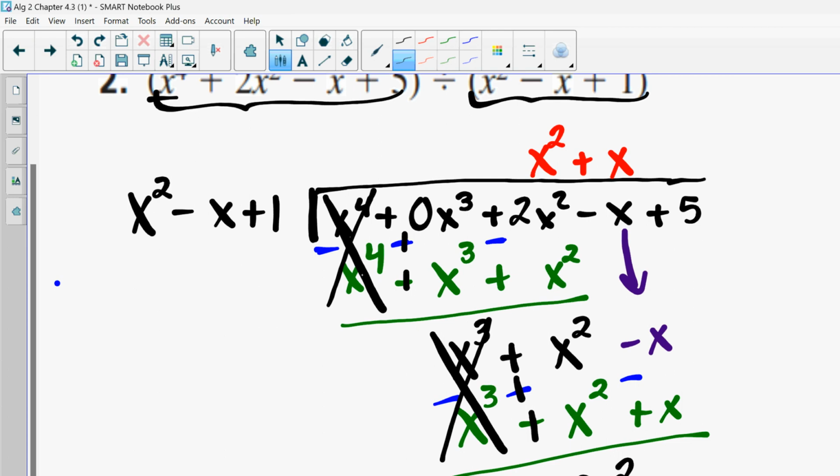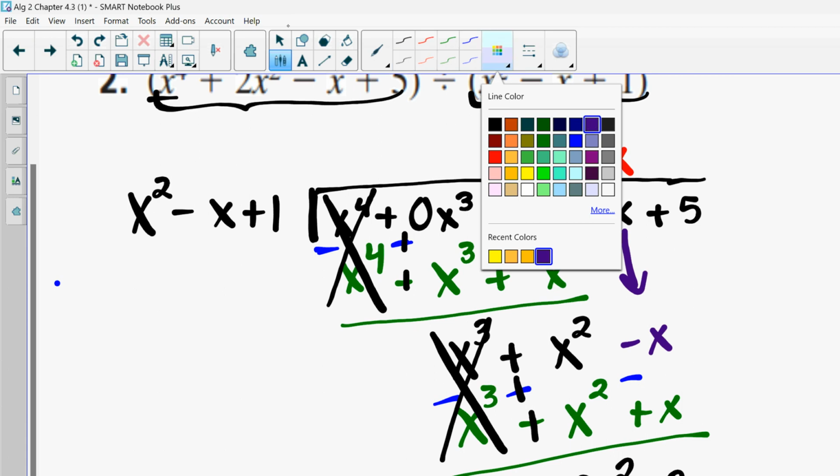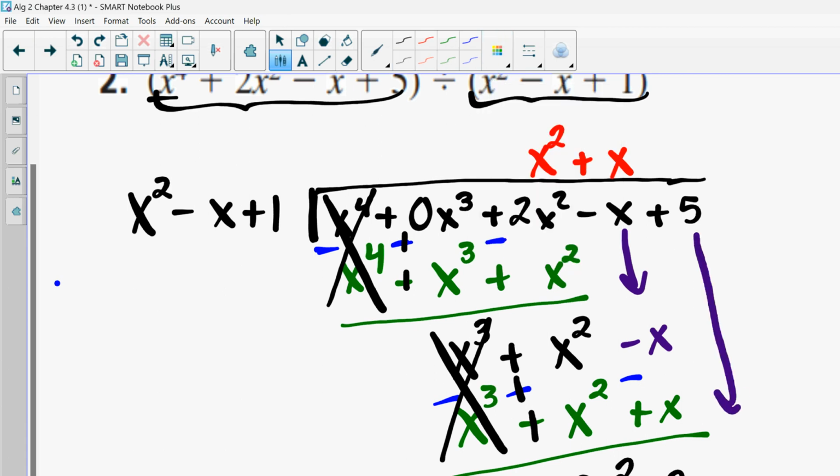And negative x minus x is negative 2x. And then we bring down our plus 5. Questions on this here?